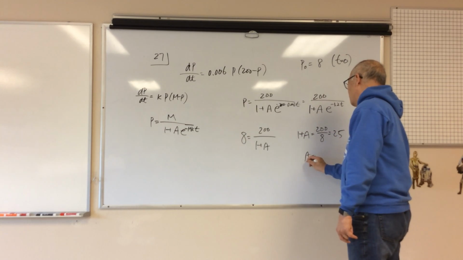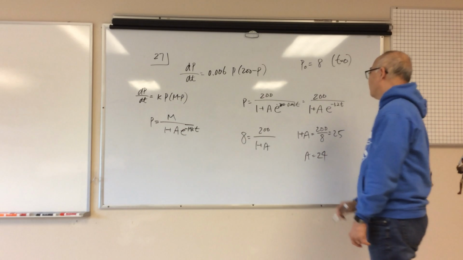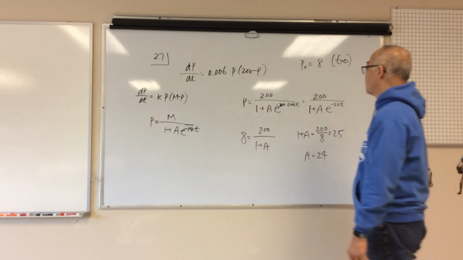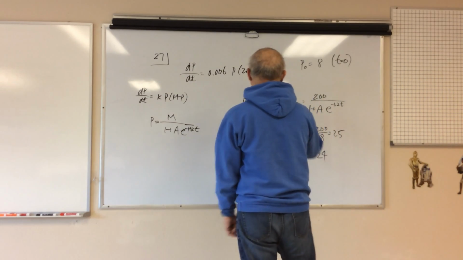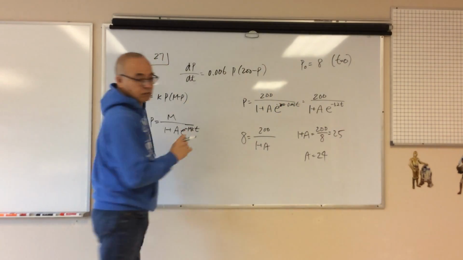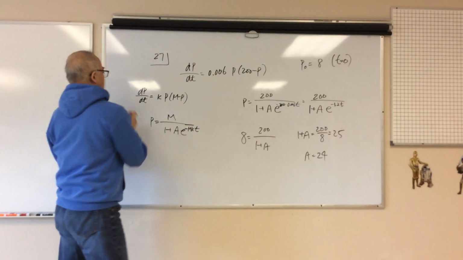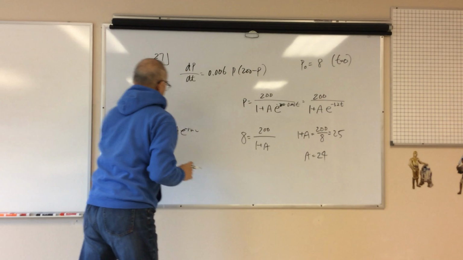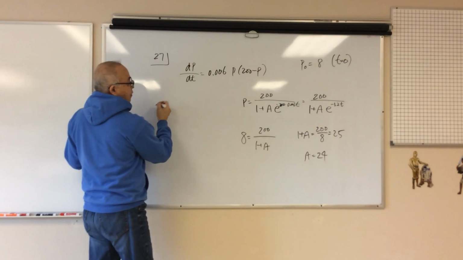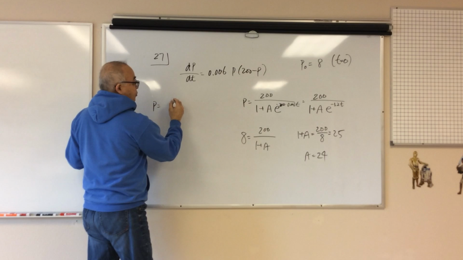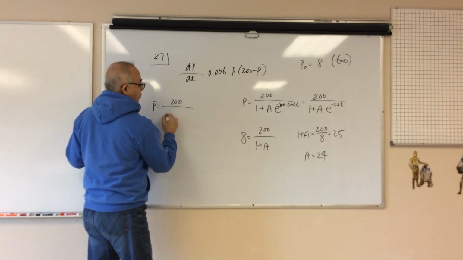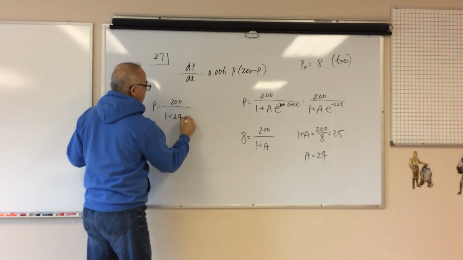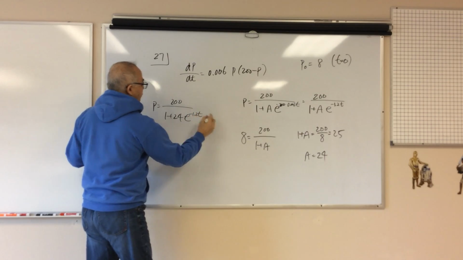A must be 24. So your final equation is P is equal to 200 over 1 plus 24 e to the negative 1.2 t.